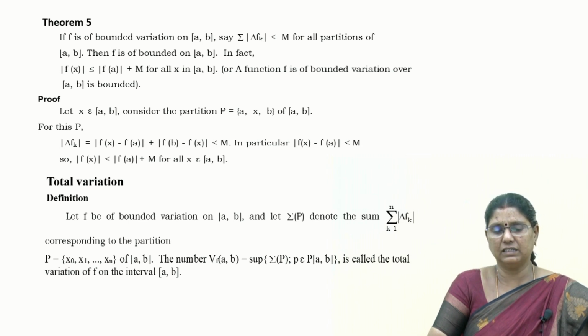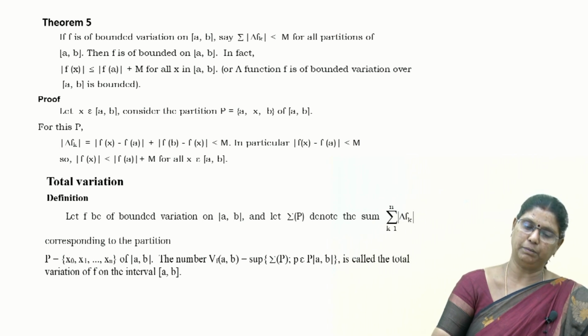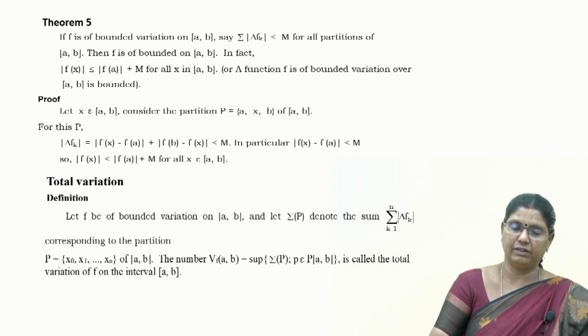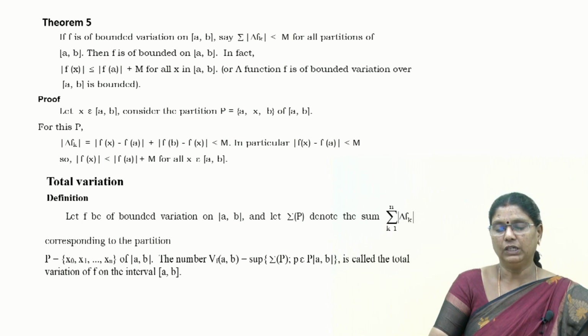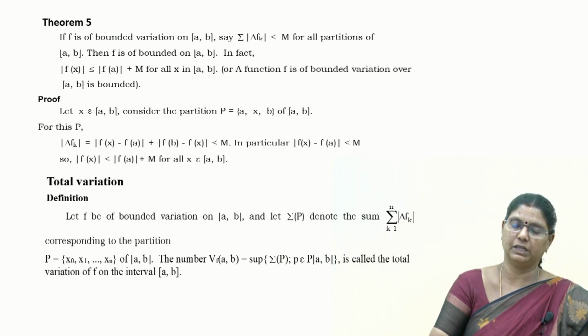The total variation V f of a comma b is defined as supremum of summation of p such that for every p belongs to capital P of a comma b, which is called the total variation of f on the closed interval a comma b. So, here the small p denotes the possible partitions of the given interval and which belongs to the set of all partitions, say P, of the closed interval a comma b. Therefore, the total variation V f of a comma b is equal to the supremum of summation of p over all the partitions.